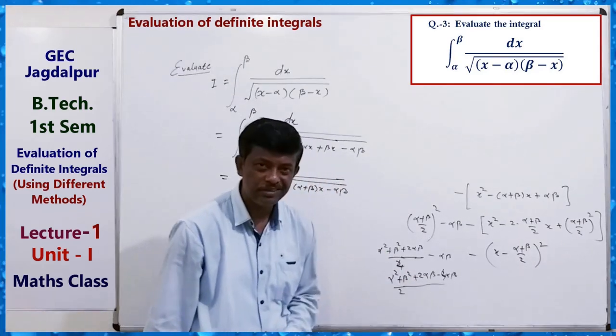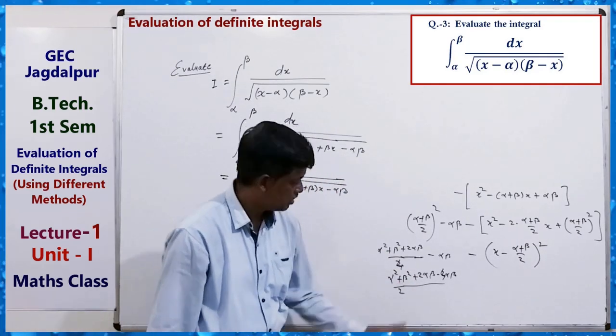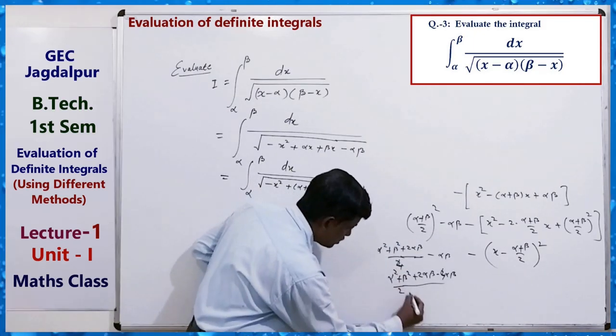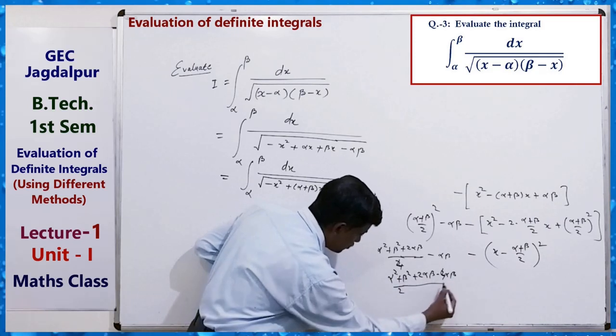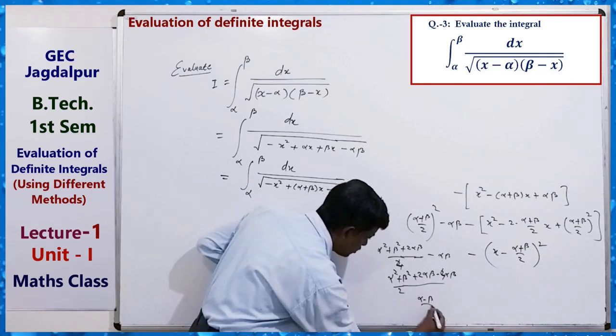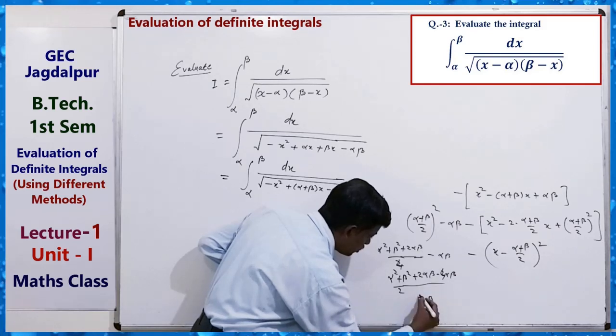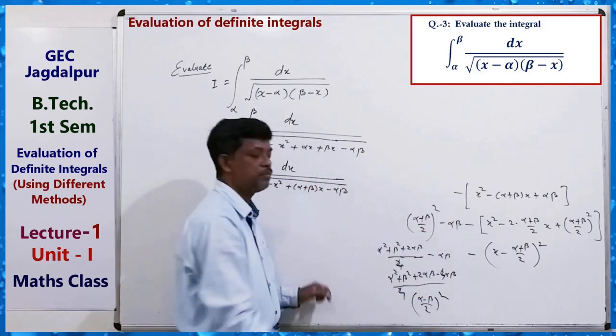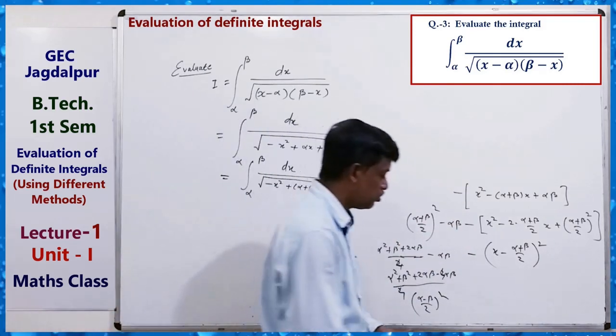So it can be adjusted like this, minus 2 alpha beta. So we see alpha square plus beta square minus 2 alpha beta, so alpha minus beta by 2 whole square.